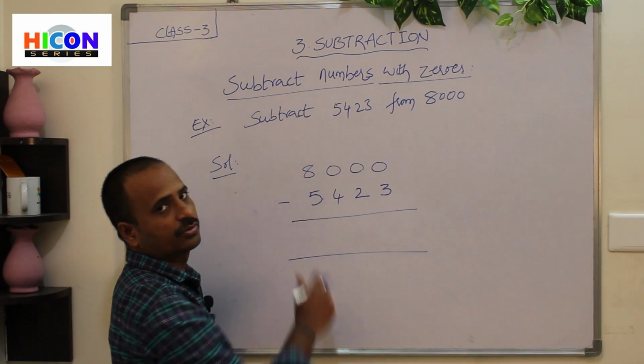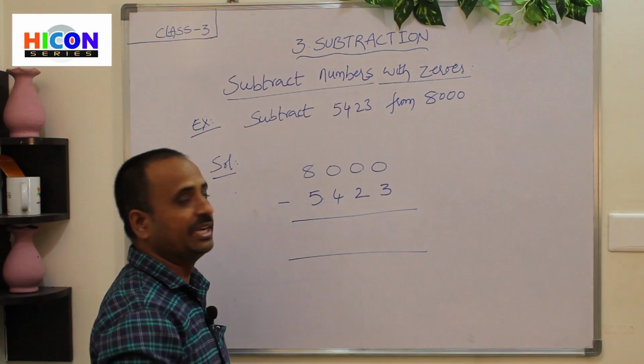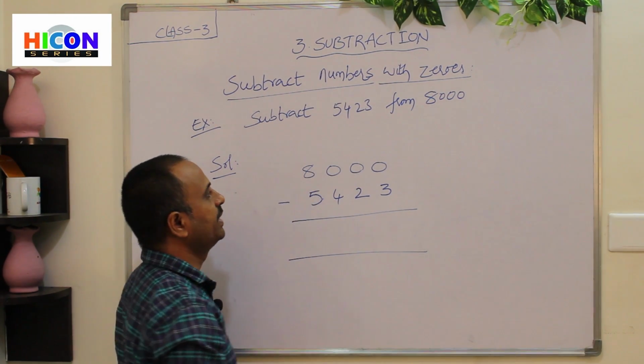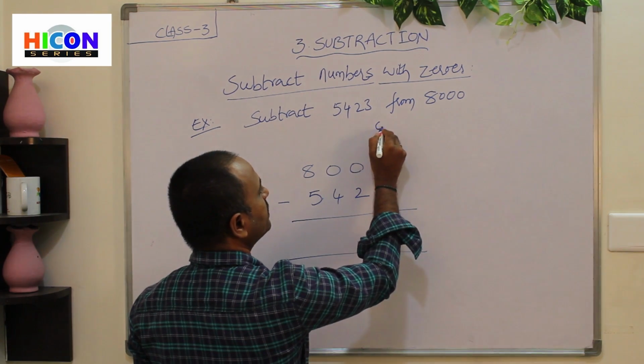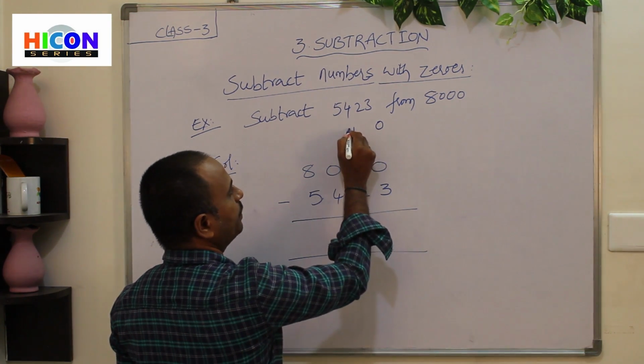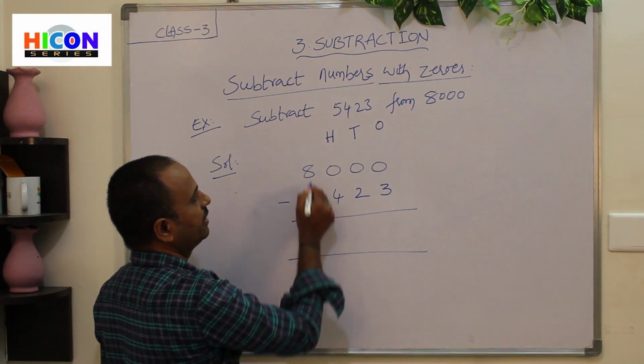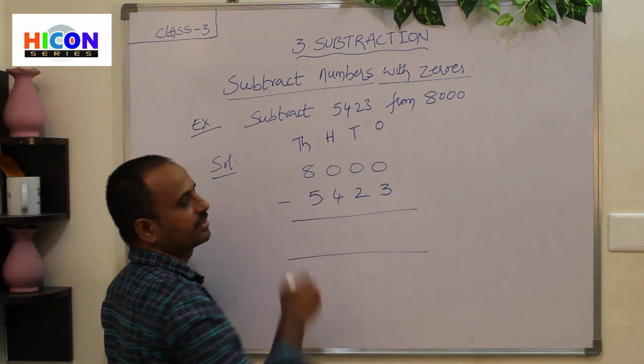Now we have to subtract 5423 from 8000. Also mention the places of the digits in each number. This is ones place, this is tens place, this is hundreds place, and this is thousands place.